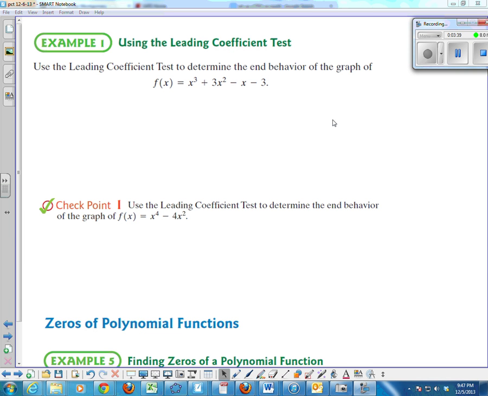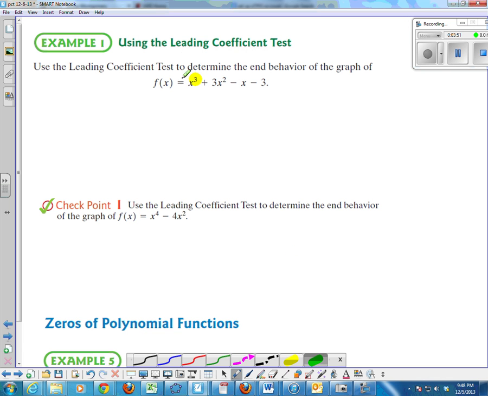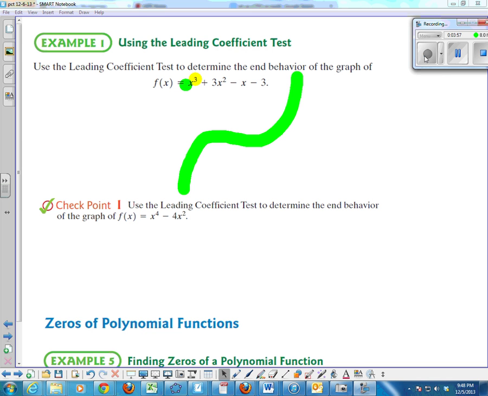If we look at this example, you can use the leading coefficient test to determine the end behavior of the graph. Notice that the degree is odd and the leading coefficient is positive. So this graph looks like this. Okay, so that's left end down, right end up.